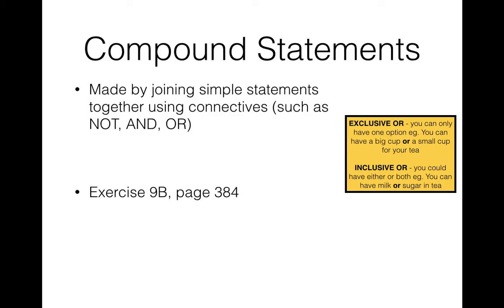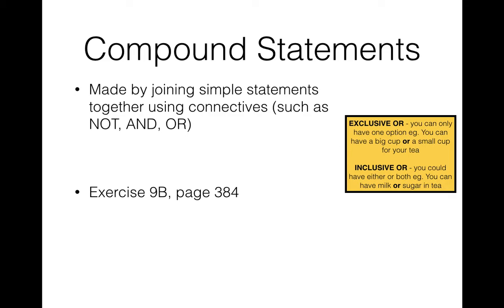So for example, you can have a big cup or a small cup for your tea. You can't have both, you have to pick one. For an inclusive or, you can have either or you can have both. So for example, you can have milk or sugar in tea. You might just have milk, you might just have sugar, but you can have both. So it's an inclusive or.